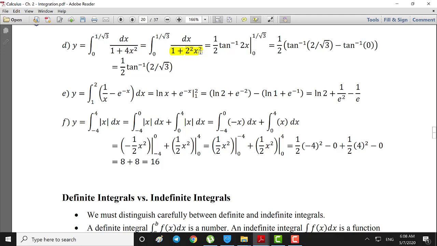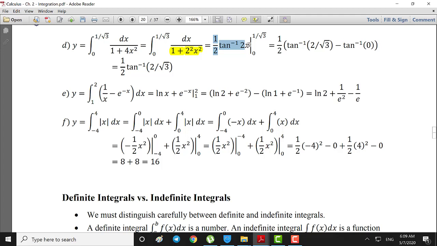But we are lucky, and if you look at this antiderivatives table in the beginning of this chapter, you see the antiderivative for 1 over 1 plus k^2 x^2 is 1 over k arctangent of kx. So the antiderivative for 1 over 1 plus 2^2 x^2 is 1 over 2 arctangent of 2x.